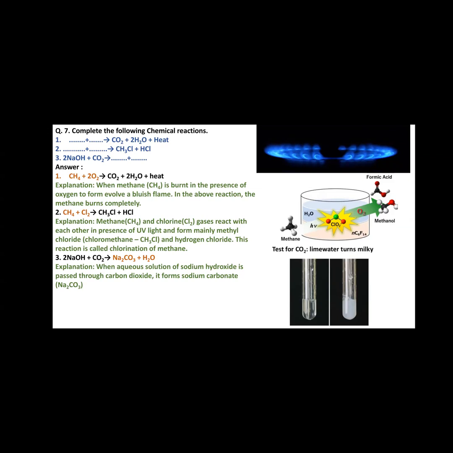This reaction is called chlorination of methane. Now the third one, 2NaOH plus CO2, sodium hydroxide plus carbon dioxide gives sodium carbonate plus water. When an aqueous solution of sodium hydroxide is passed through carbon dioxide, it forms sodium carbonate, that is Na2CO3.